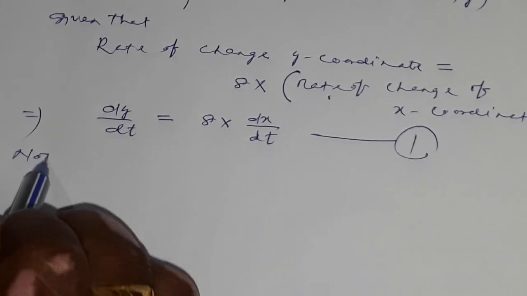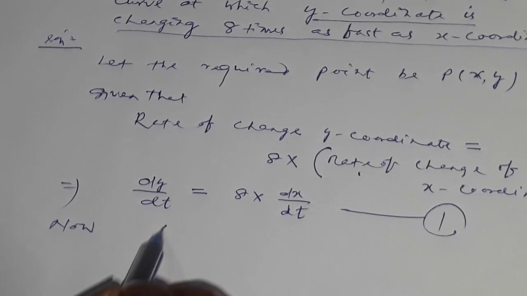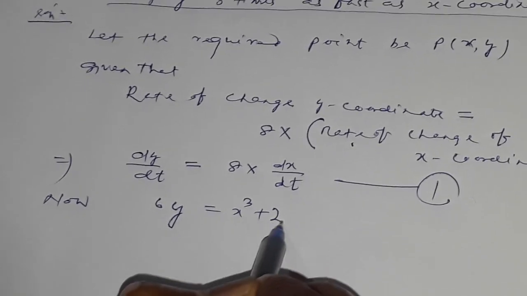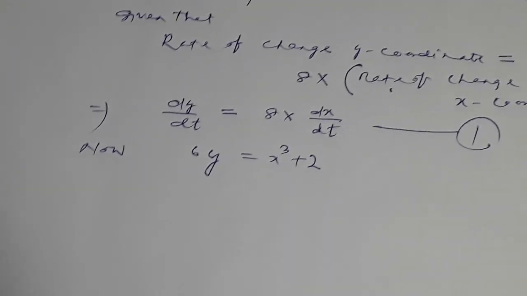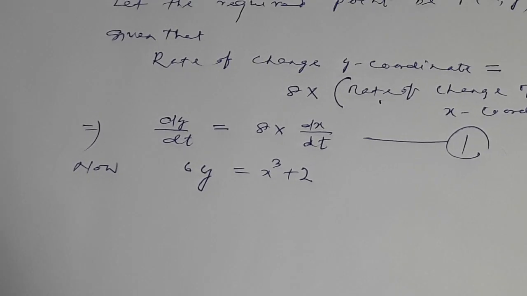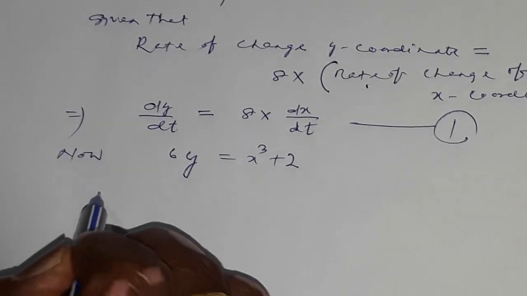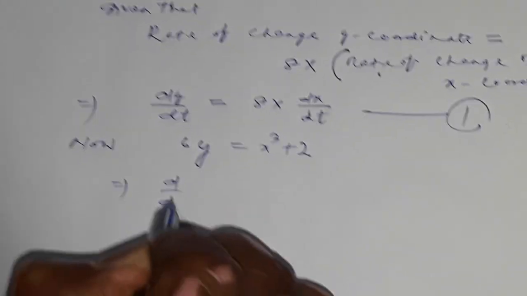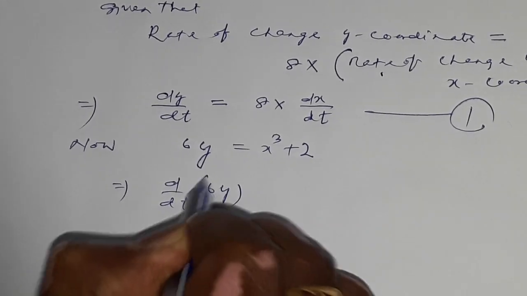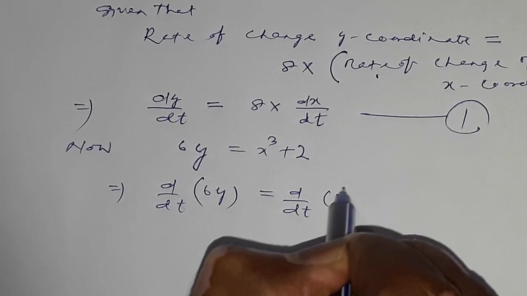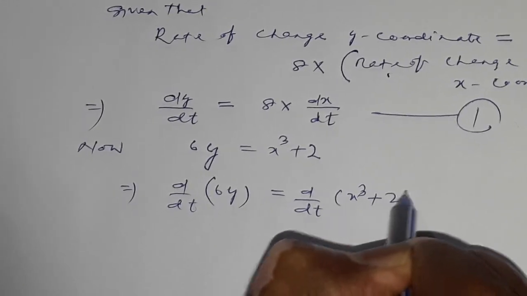Now the curve 6y equals x cube plus 2, then differentiate both sides with respect to t. This implies d by dt of 6y equals d by dt of x cube plus 2.